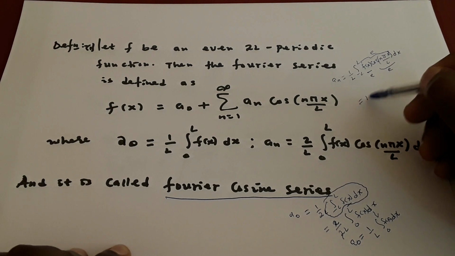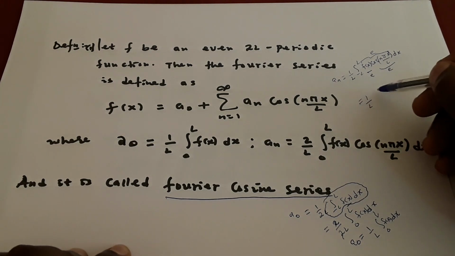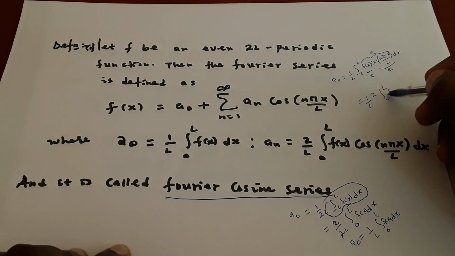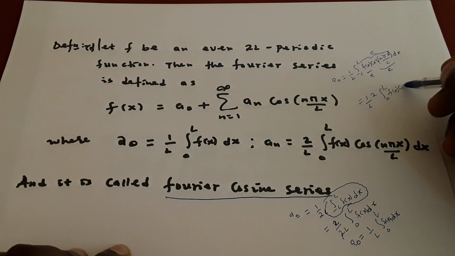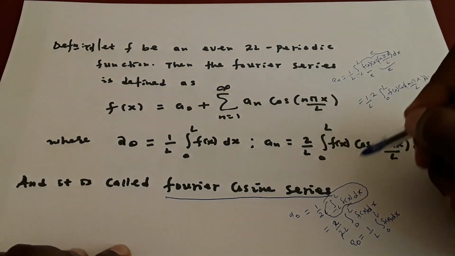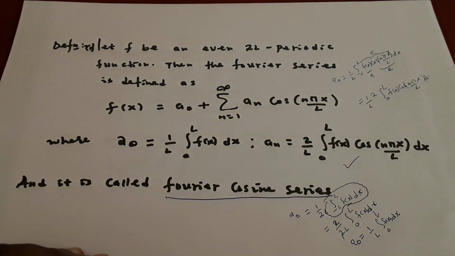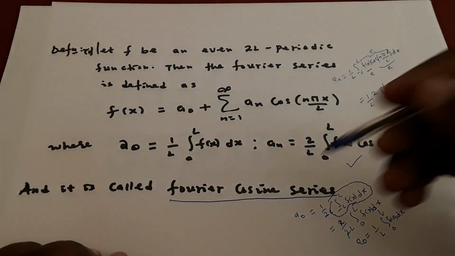So we have 1 over L times twice the integral from 0 to L of f of x cosine n pi x over L dx, which is 2 over L.